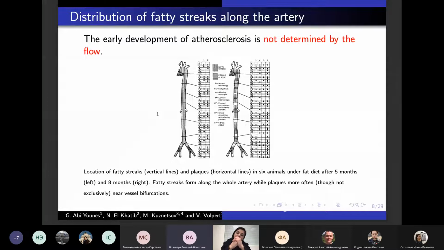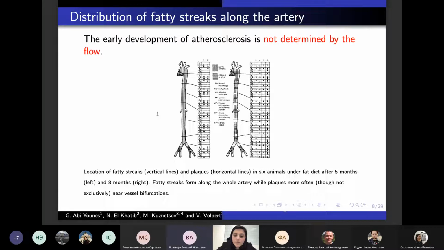In this particular paper, we found this very detailed data. Yes, there are only these several animals. In principle, it is a very important subject, and there are many works devoted to formation of fatty streaks or plaques, with a lot of data on where and how they form.